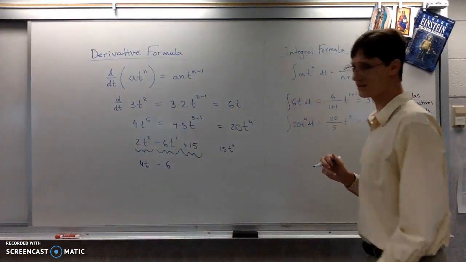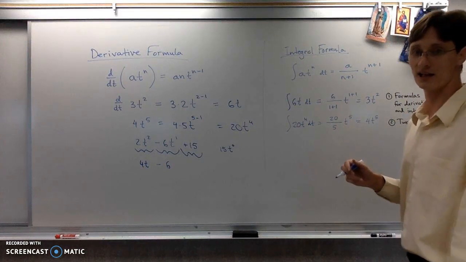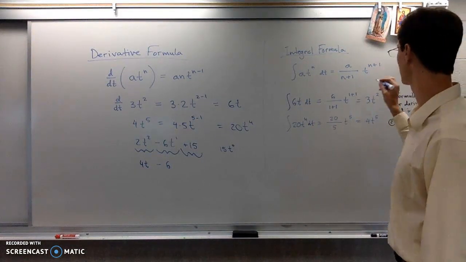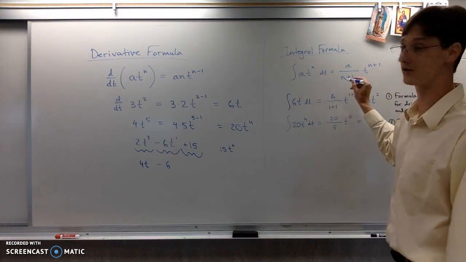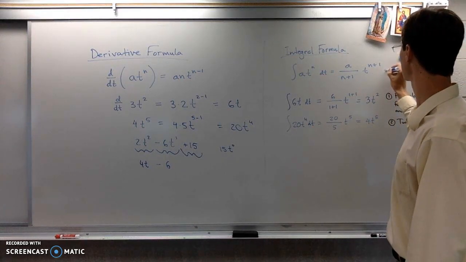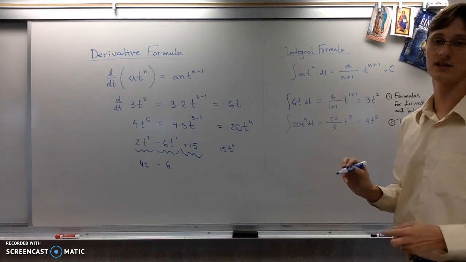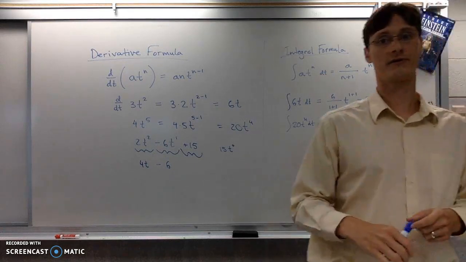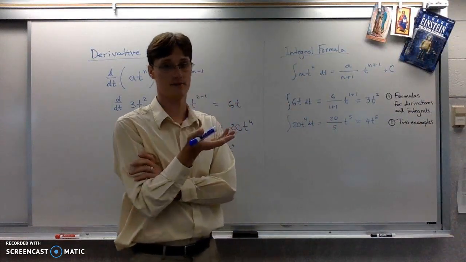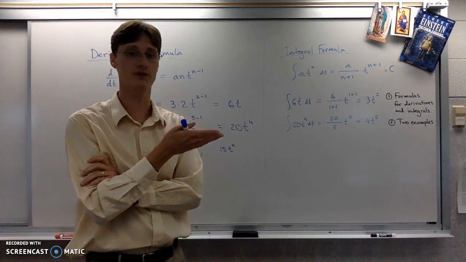Okay. I should mention at this point, since the calculus teachers would object if I don't, actually, when you take an integral, there's always a plus some constant that you get. For physics class, that is going to correspond to an initial value.